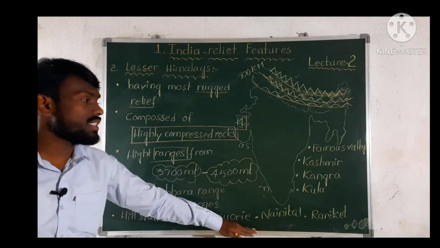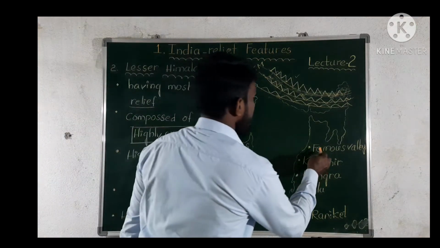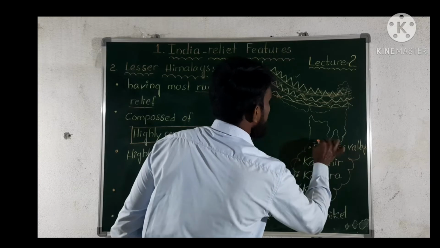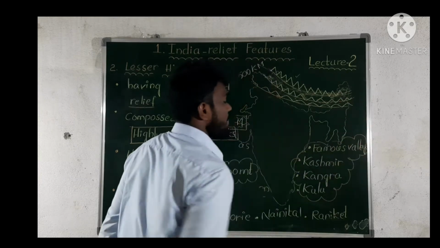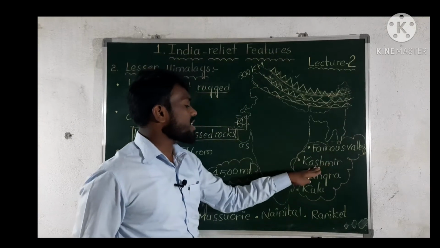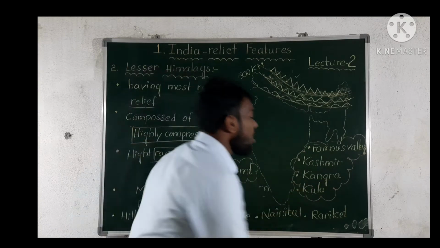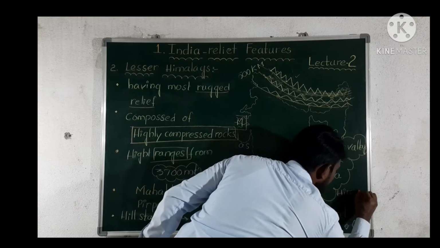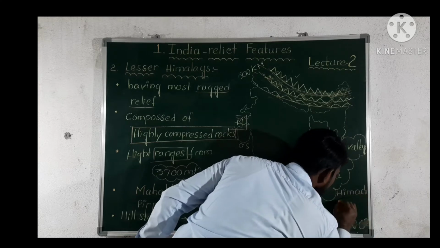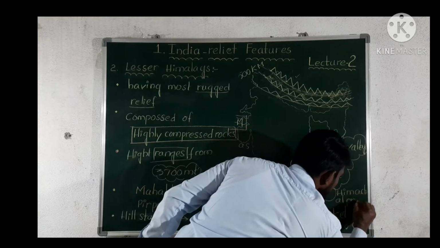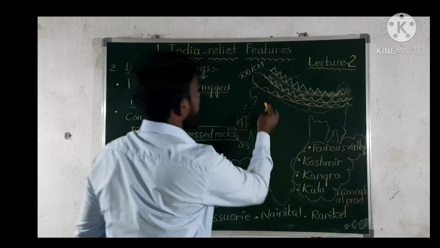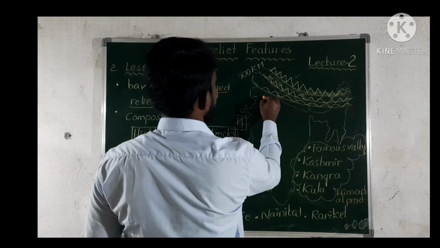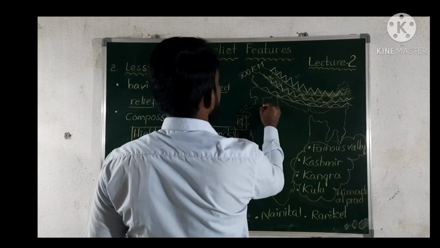And these are the famous valleys. These valleys, Kashmir, Kangra and Kulu, we can find in Himachal Pradesh. Here is Jammu Kashmir, this is Punjab, and this is Himachal Pradesh.